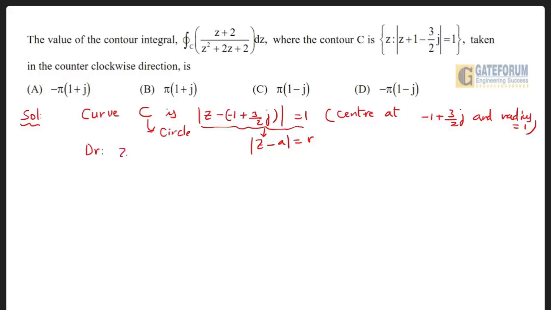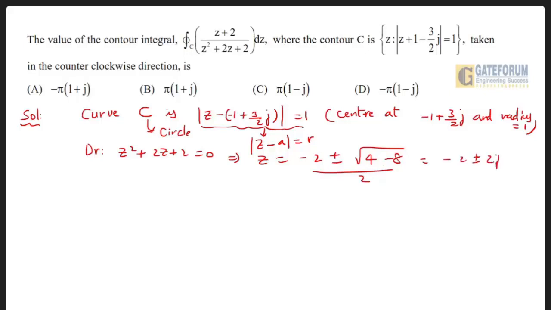What is the denominator? Z square plus 2z plus 2 is equal to 0, which is a quadratic equation whose roots are obtained by either factorization or minus b plus or minus root over b square minus 4ac by 2a. You will be getting minus 2 plus or minus root over 4 minus 8, which is minus 4. Root minus 4 is 2i. So 2 is common and then cancelled.